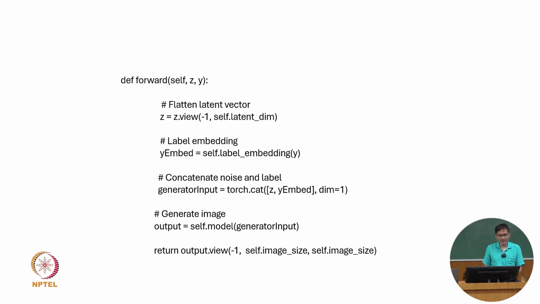We call this label embedding given the class information or whichever condition input we are using. Now the generator input is not just z, rather the generator input is a combination of z and y embed, which is now fed to the generator model.